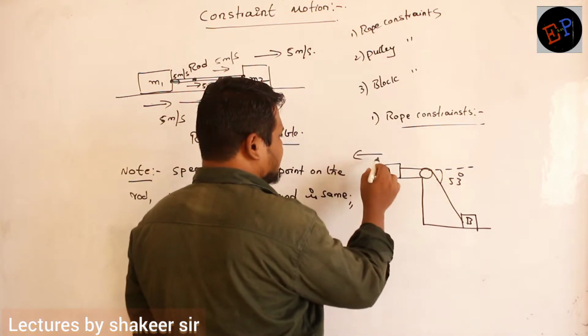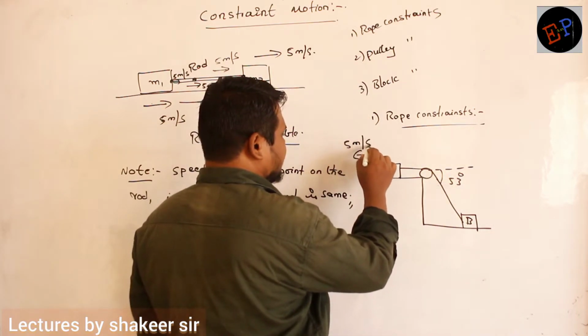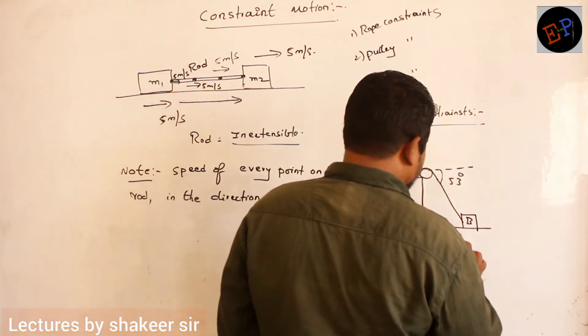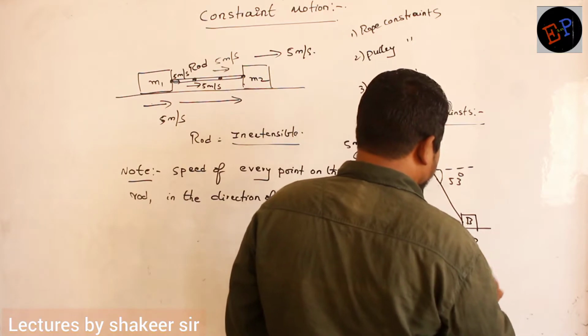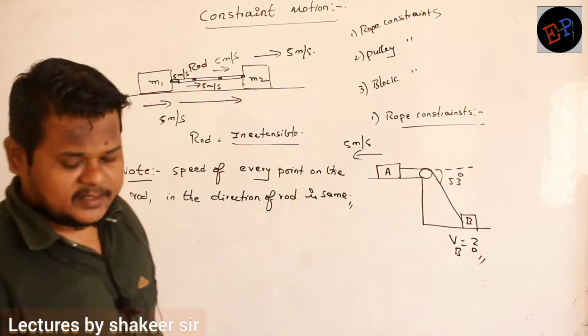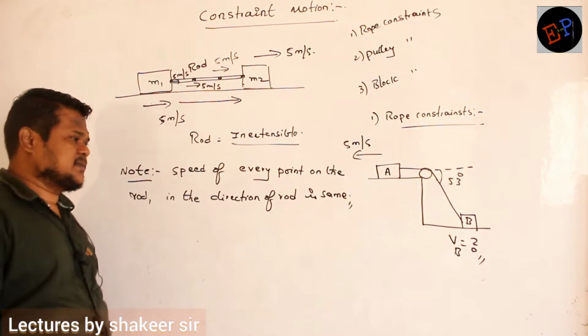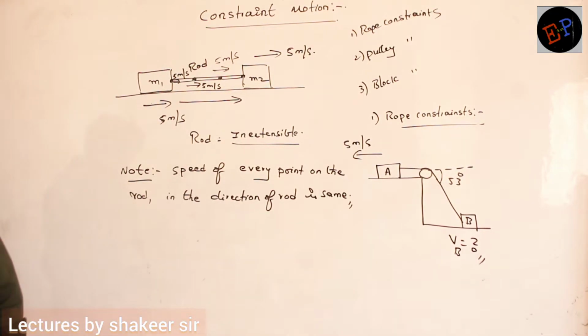If the speed of this point is 5 meters per second, then what is the speed of point B? That is the question. Clear? Come on, see how you can answer this question. Have you understood the concept?